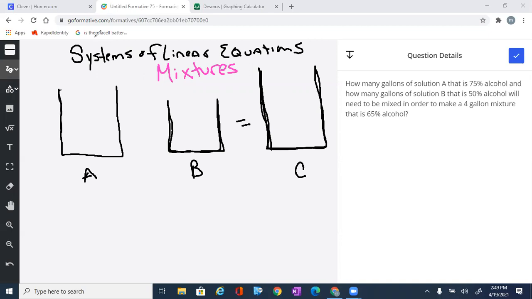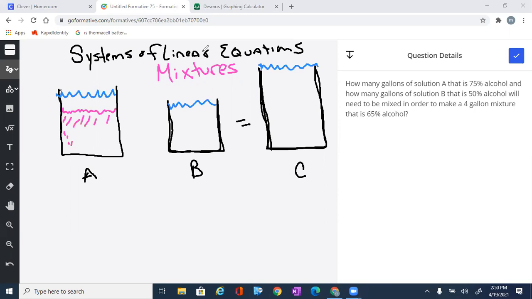Now, there are some things that we know about this solution, and I'm going to go ahead and sketch those on there. Each one of them is some form of solution, but the amount of alcohol in each one of them is a little bit different. So for example, solution A is 75% alcohol.